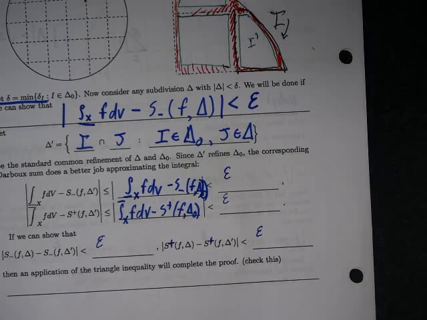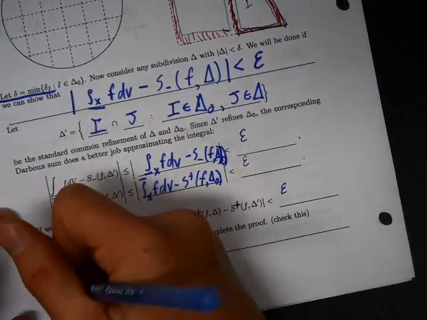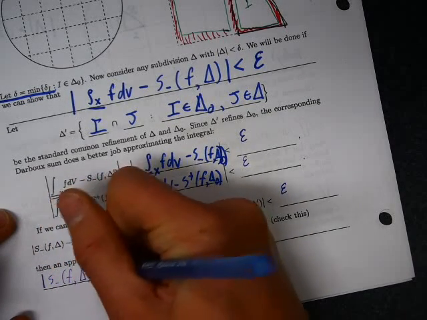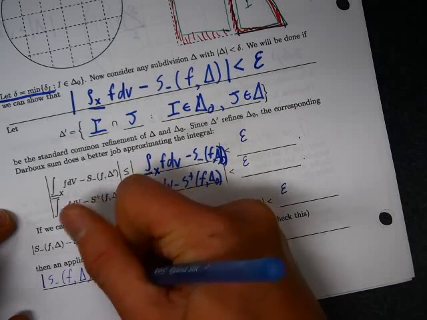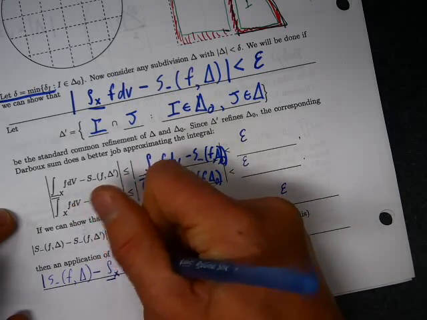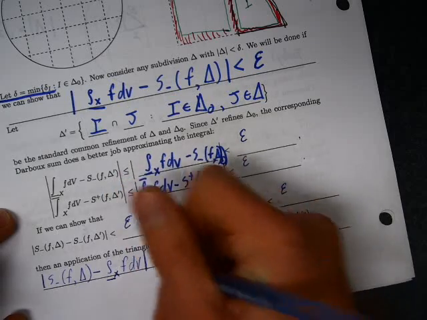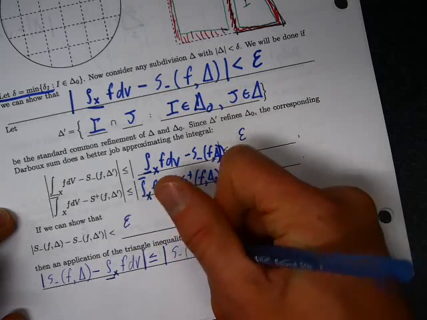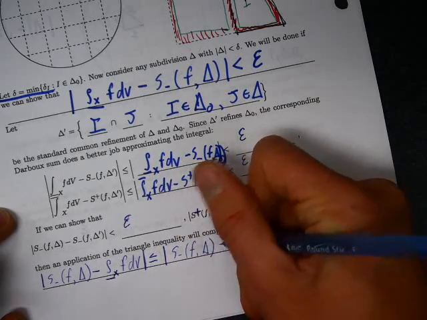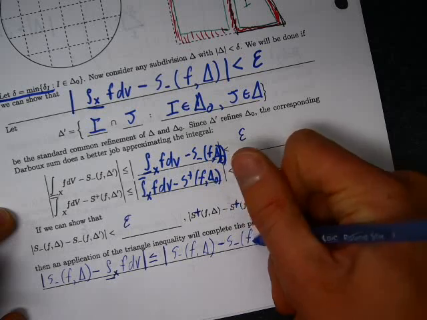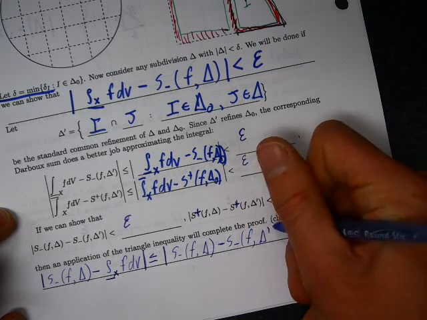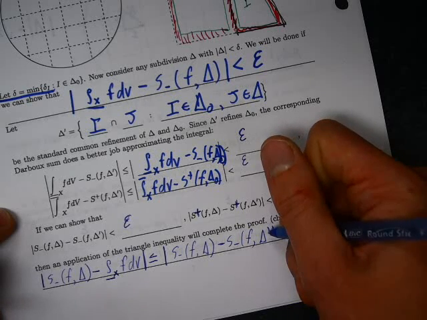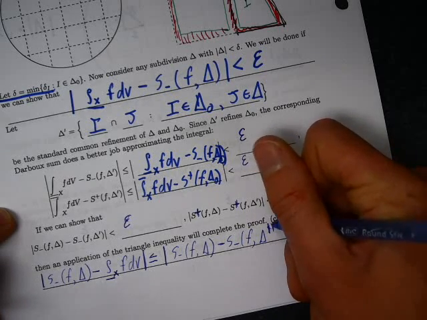Because if I wanted to know the distance between S minus of f over delta and the lower integral of f, that's less than or equal to the difference between S minus of f over delta and S minus of f over delta prime. No, I want delta prime. There is no delta double prime right now.